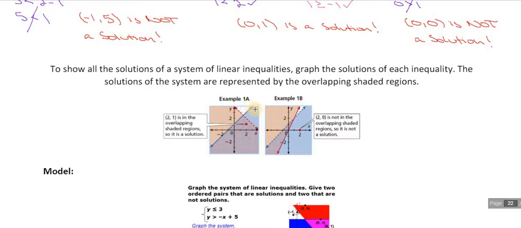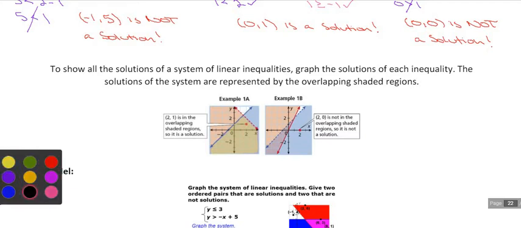So in example 1a, the linear inequality, the red one, is a dashed line shaded underneath. Then we've got our other linear inequality, the blue, that's solid, shaded underneath. Where we have both regions shaded is right in here. So this particular yellow region is our solution region because that's where I have both the red and the blue.